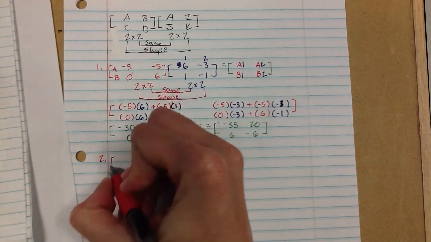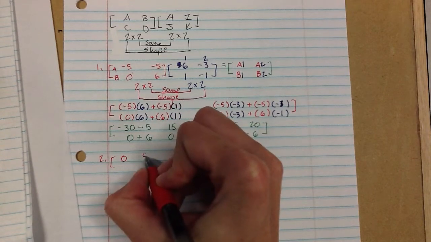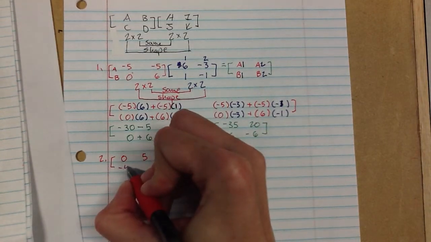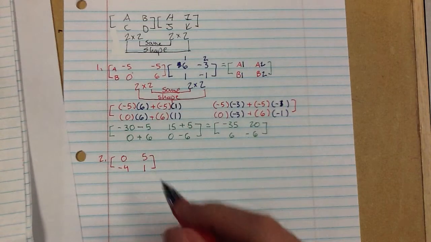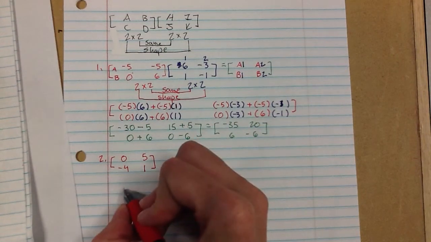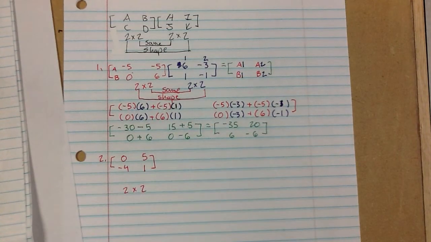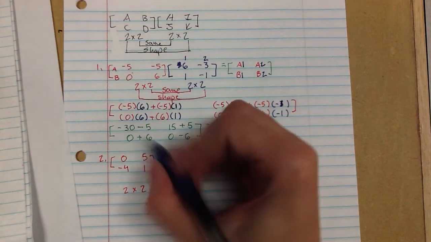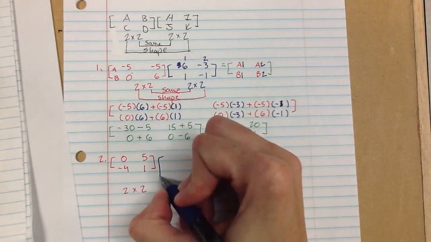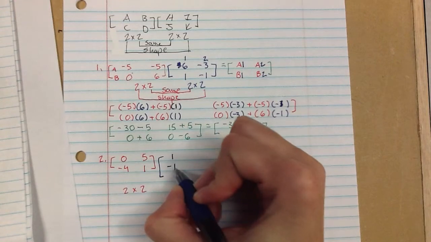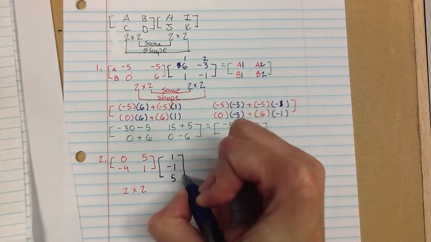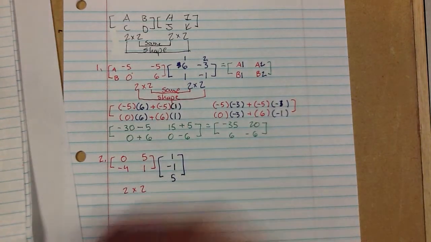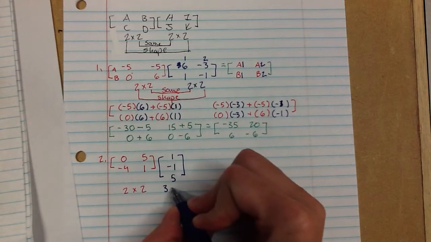So number 2, I have 0, 5, negative 4, 1. And what are the dimensions of that one? 2 by 2. And over here we have 1, negative 1, 5. What are those dimensions? 3 by 1.